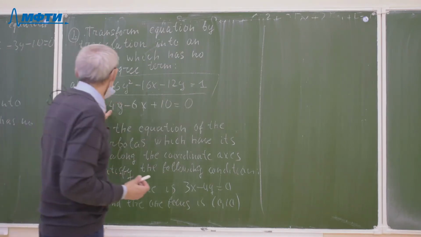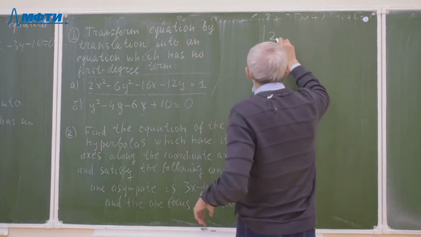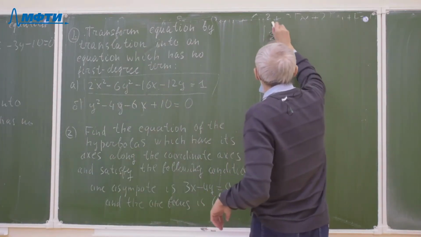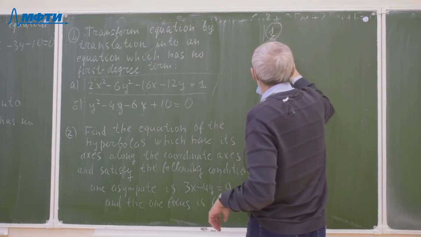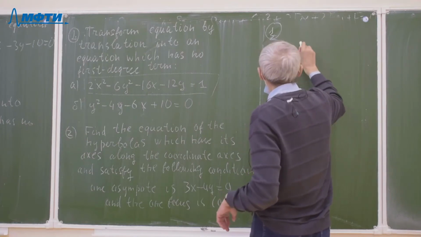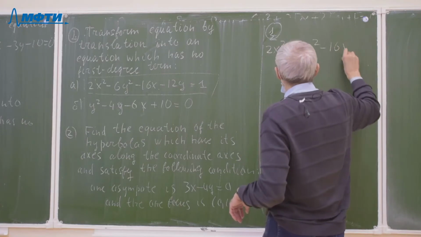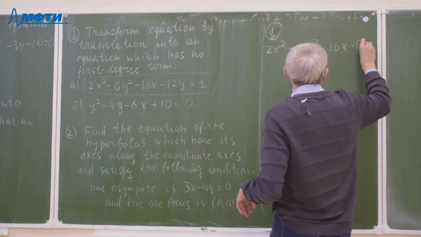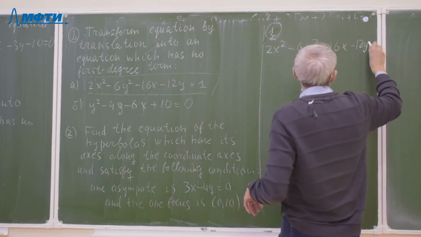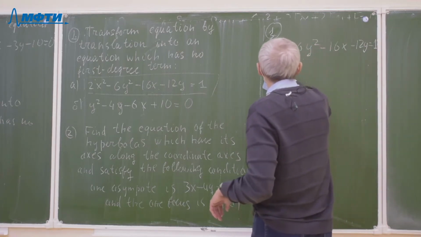And let's rewrite this equation: 2x squared minus 6y squared minus 16x minus 12y is equal 0.